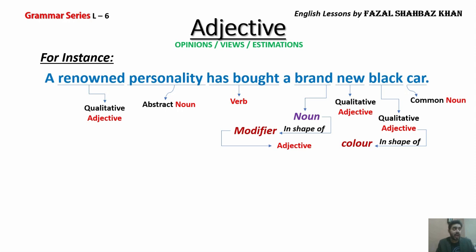So if I say I have a brand, brand is a noun. But if I say a brand new black car, then brand modifies a certain adjective, that is new or black, used for car. So by modifying, it becomes an adjective. Isn't that an interesting thing to understand?